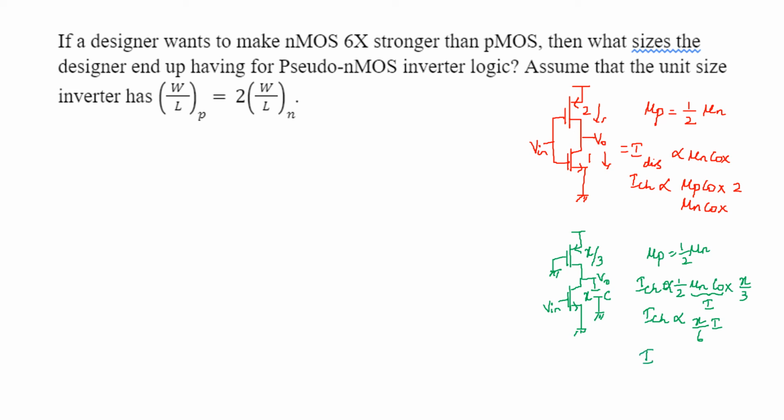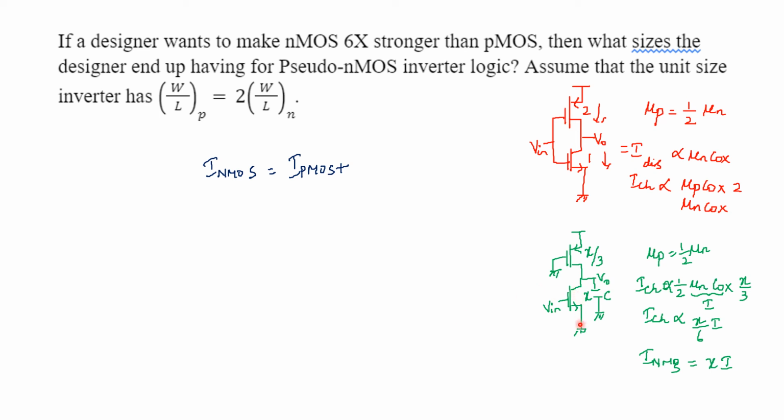Similarly, I can write the current through the NMOS is equal to X times I. But notice here that the current through the NMOS is not actually the discharge current, because the current through the NMOS is now equal to the current from the PMOS, because PMOS is always on, plus the current from the capacitor here.